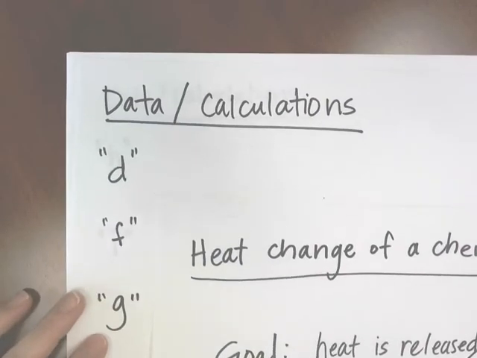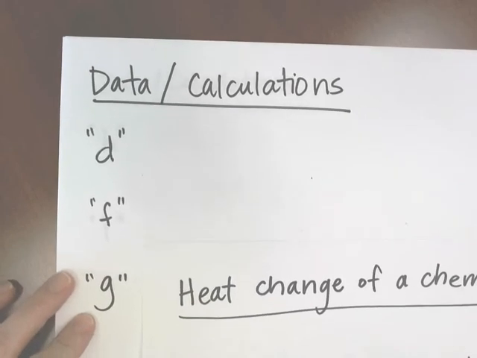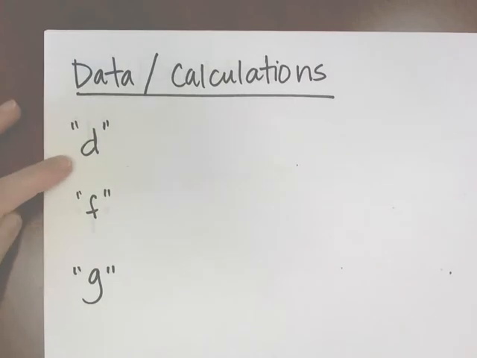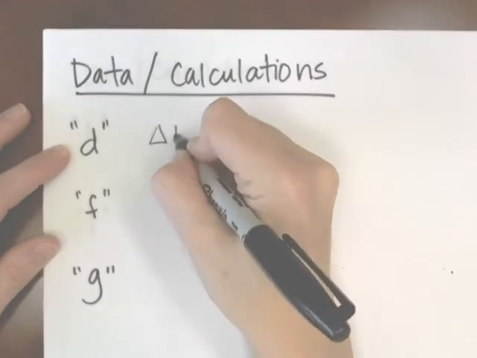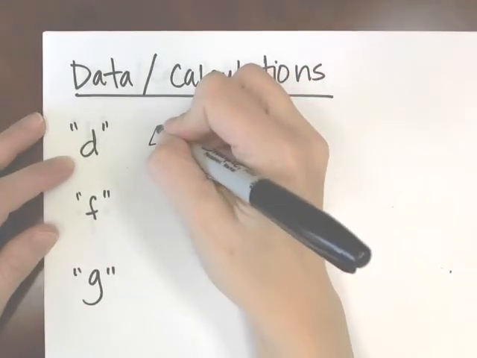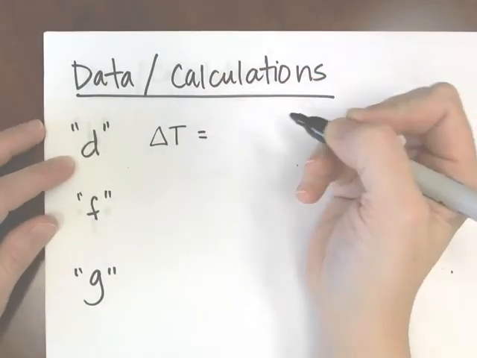Alright, so I'm going to refer to this by the letter notation that you're asked to report in the lab. When you get to part D, you're asked to report the change in the temperature. So we're really interested in how much the temperature goes up.